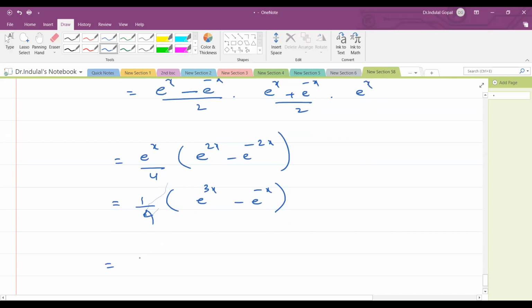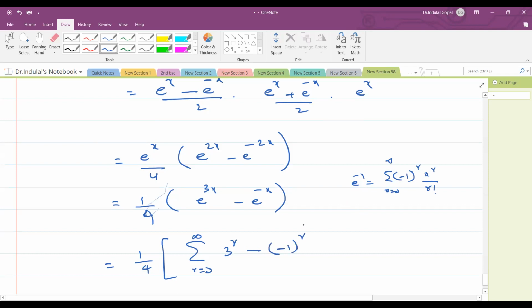And this is equal to 1 by 4 times the sum over r from 0 to infinity of 3 raised to r times x raised to r by r factorial, minus the expansion of e raised to x, the sum over r from 0 to infinity of x raised to r by r factorial. Using e raised to kx, we get 3 raised to r minus 1 raised to r.